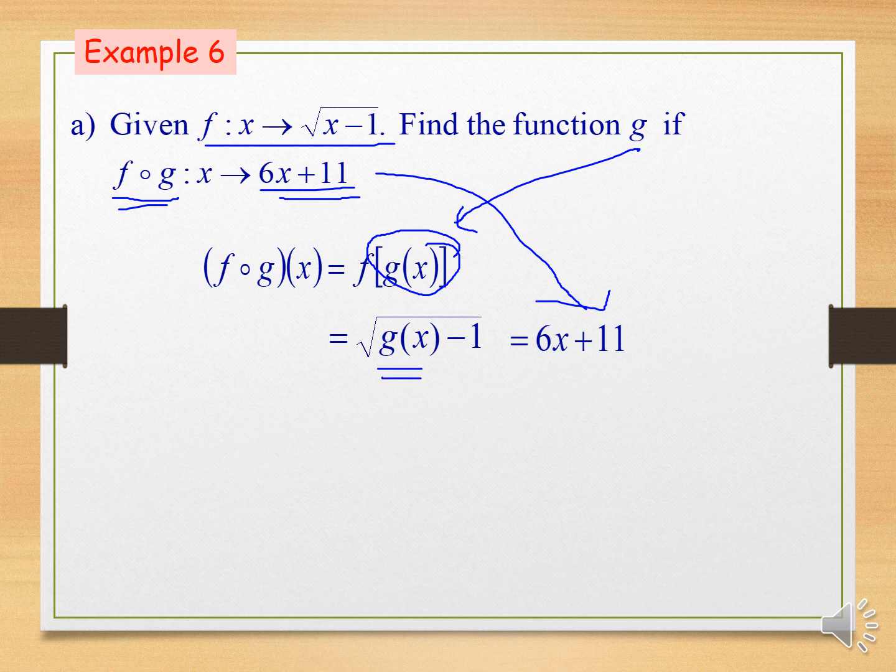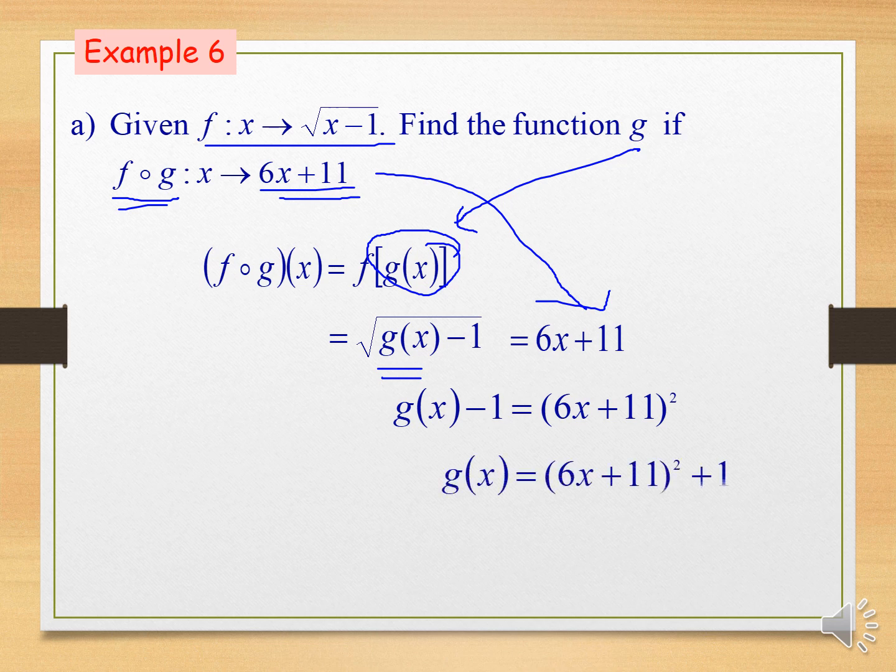What can we do with the square root? Squaring both sides, we get g(x) minus 1 equals (6x plus 11) squared. And let g(x) as the subject, we have g(x) equals (6x plus 11) squared plus 1. Expanding this, we get g(x) equals 36x squared plus 132x plus 122.